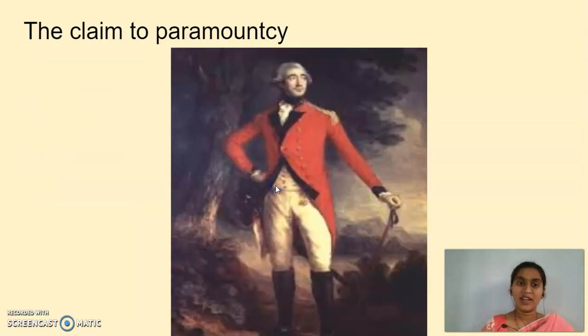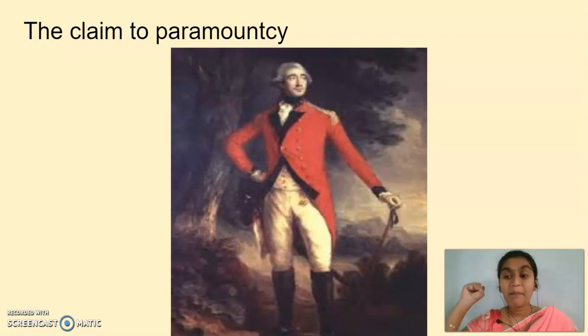Yes, children. The first thing, the climb to paramountcy. We have already seen that the British were expecting puppet rulers. But later they started to think, instead of taking puppet rulers, why can't we become the Nawabs? So they started to become Nabobs. Finally, they started to take the power of our country.